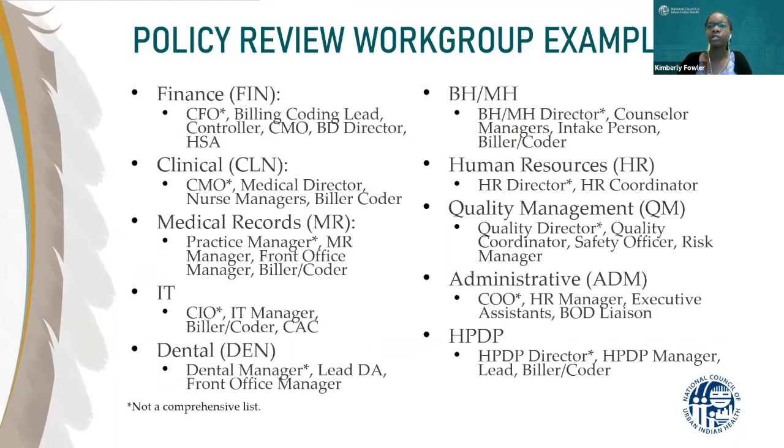And the asterisk actually denotes the possible policy lead. You may identify someone else that might be important to be that champion for that work group. But you can see a variety of different areas that are probably within your organizations that could have work groups that could review policies, excuse me.